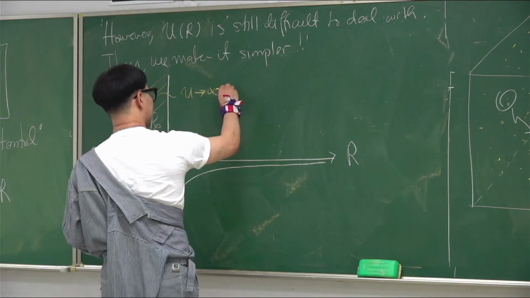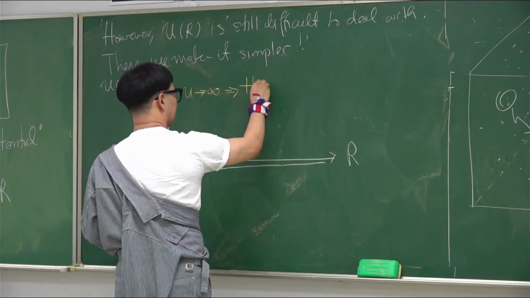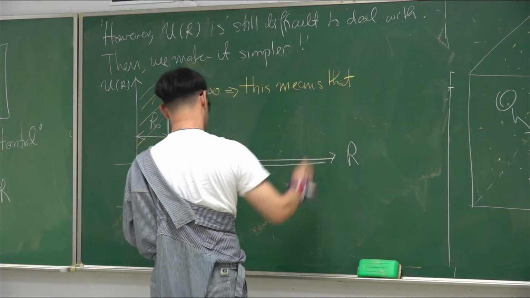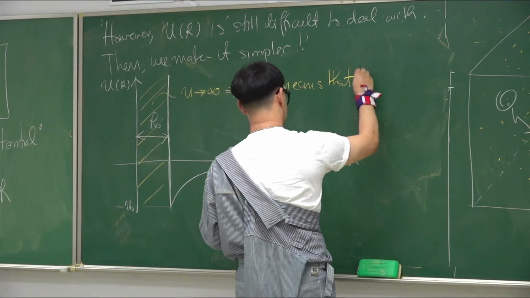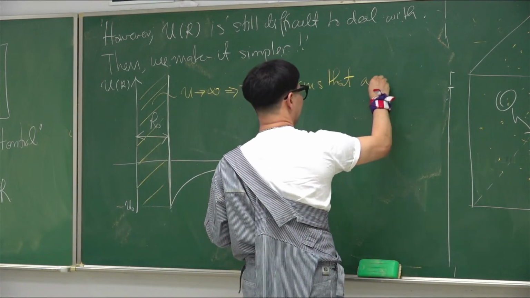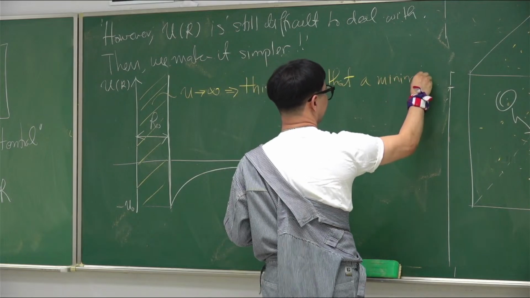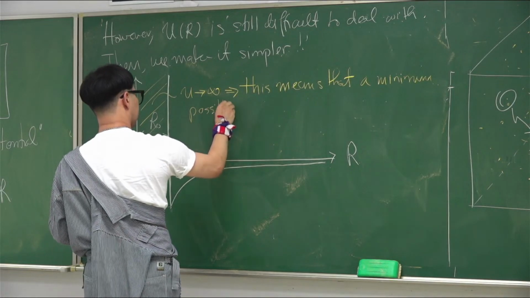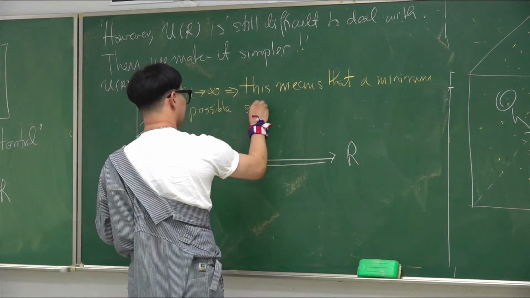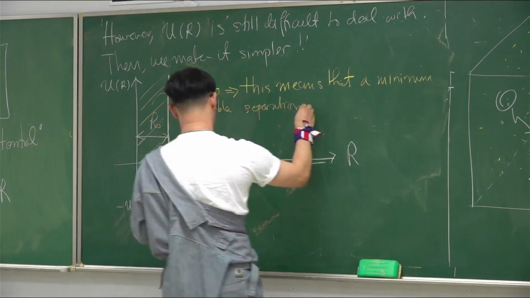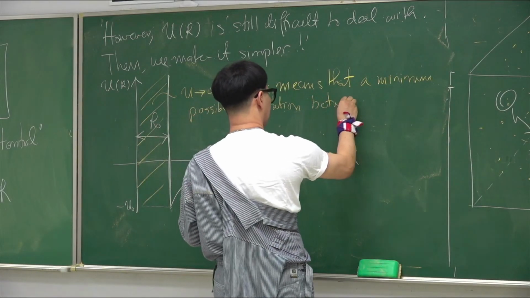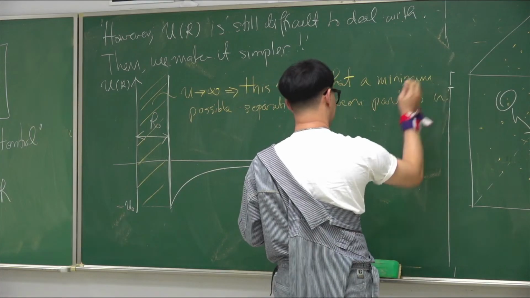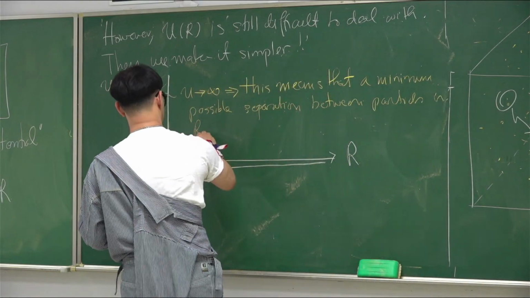So this means that a minimum possible separation between the particles is R0.